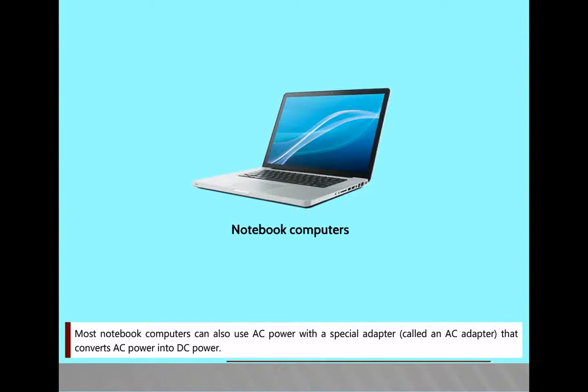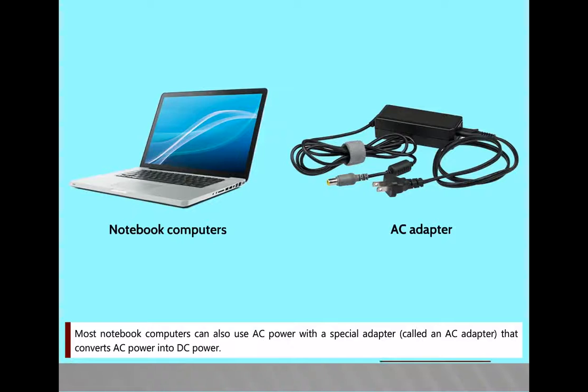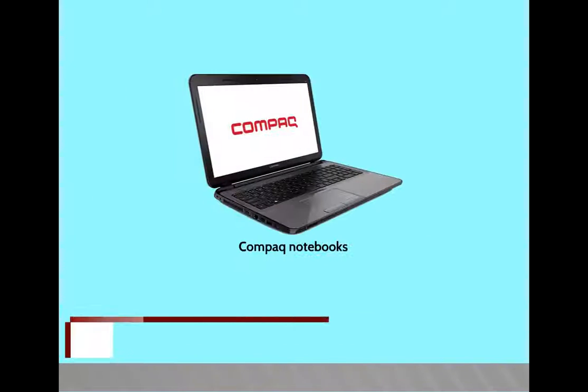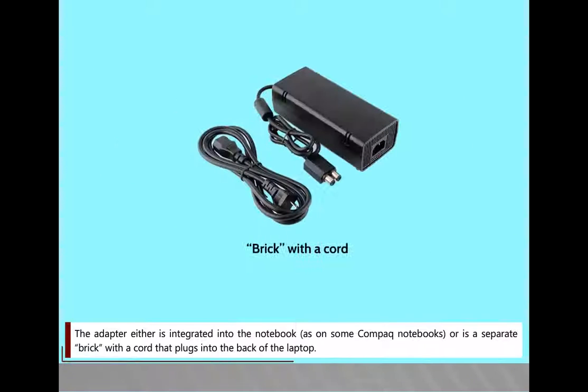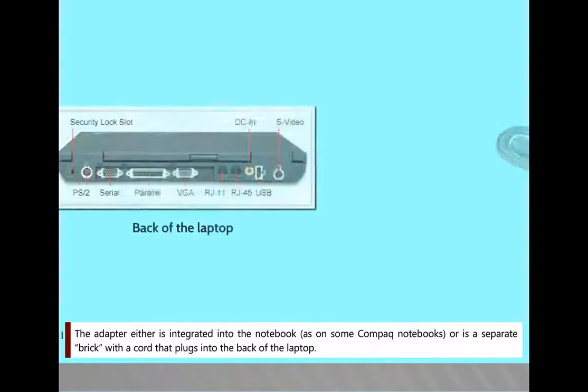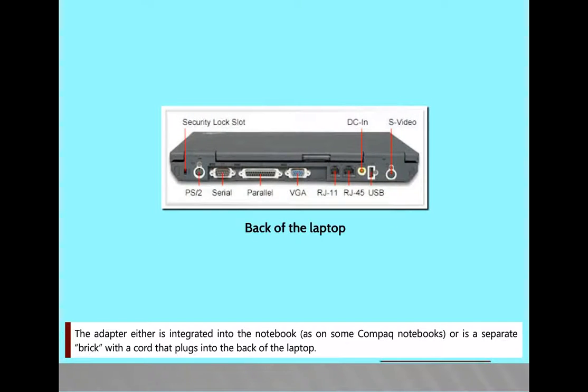Most notebook computers can also use AC power with a special adapter, called an AC adapter, that converts AC power into DC power. The adapter either is integrated into the notebook, as on some compact notebooks, or is a separate brick with a cord that plugs into the back of the laptop.